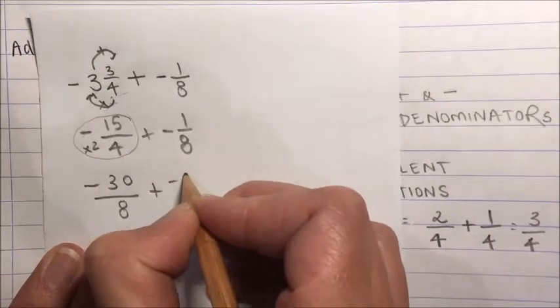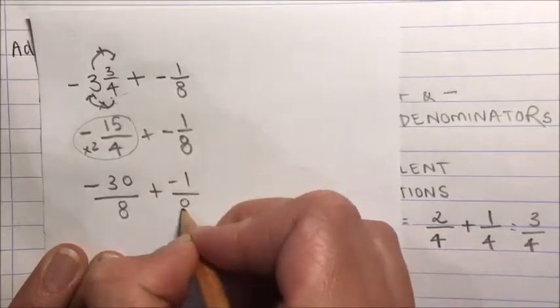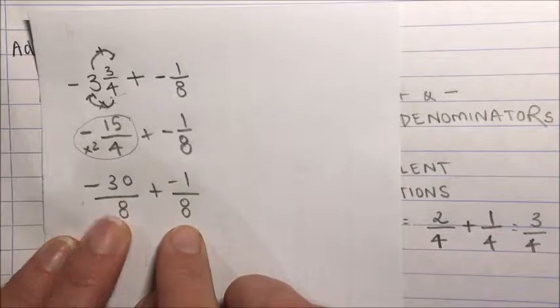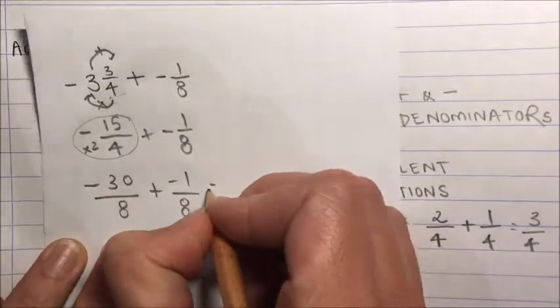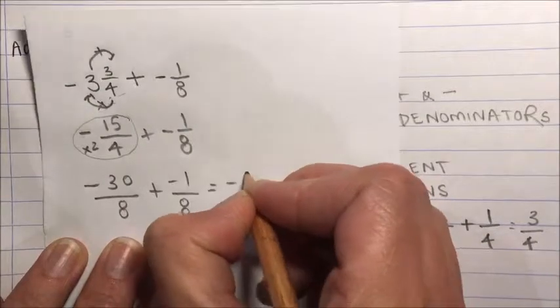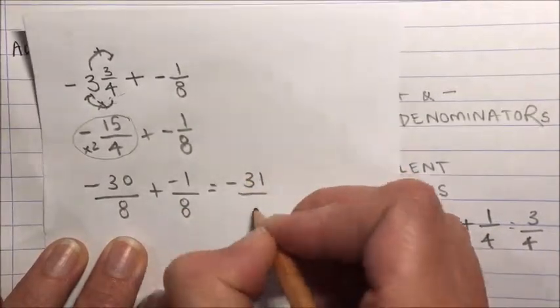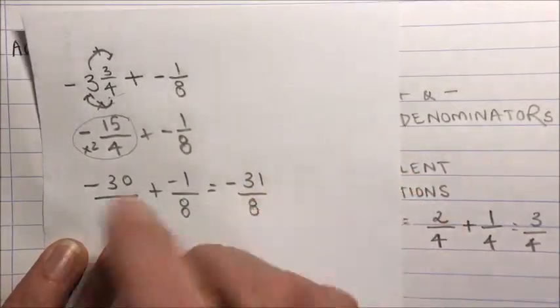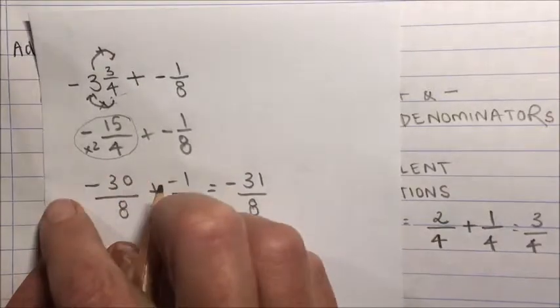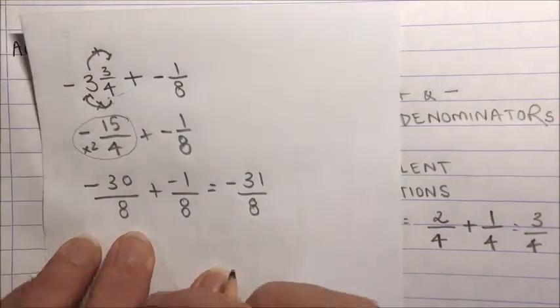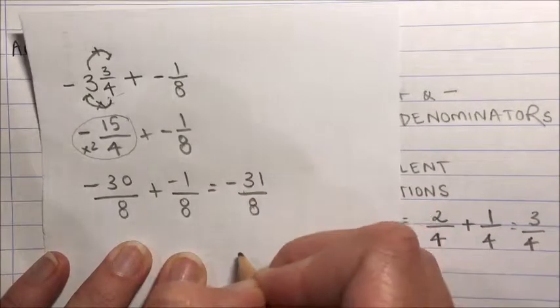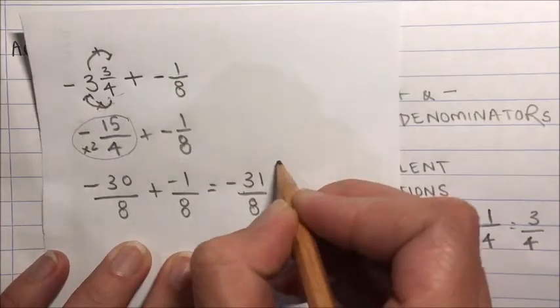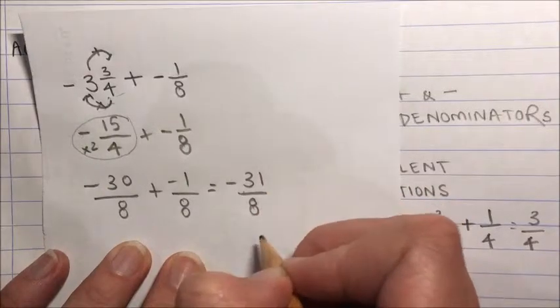Negative 30 plus negative 1, because now they're both over 8, that's negative 31 over 8, because we're adding a negative, we're moving one way to the left. So negative 31 over 8, and I know that that little line there really means divided by. So it's negative 31 divided by 8.